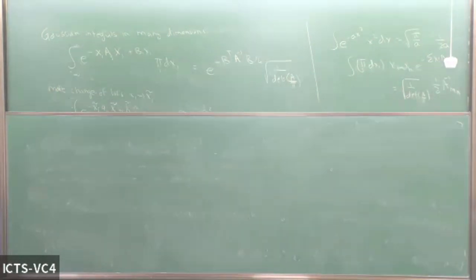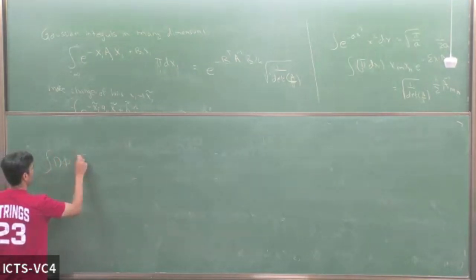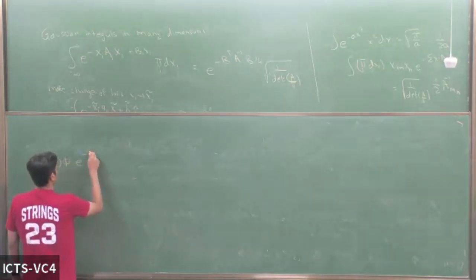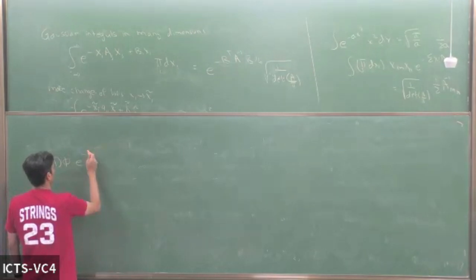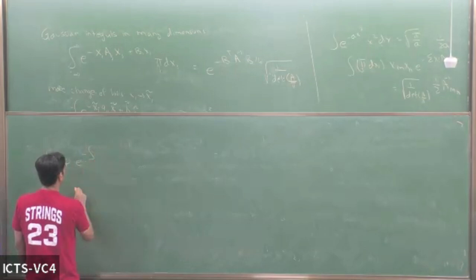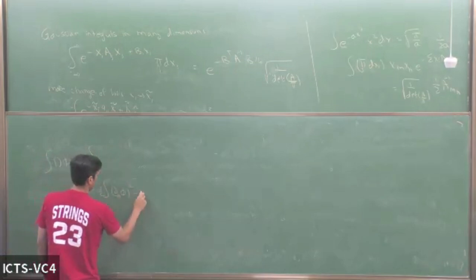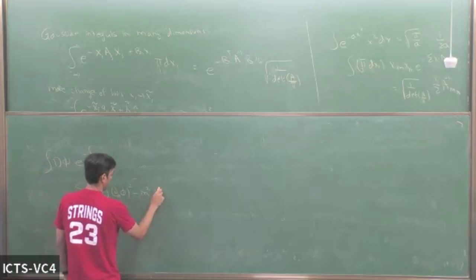Let's say we start with the free scalar field and we have the integral d phi e to the minus S, where usually S is equal to the integral of half times d mu phi squared minus m squared phi squared.